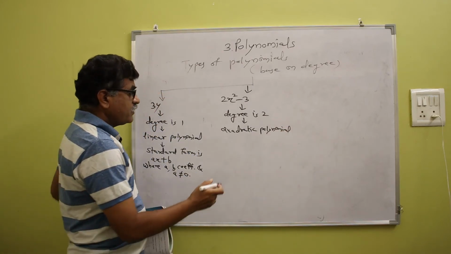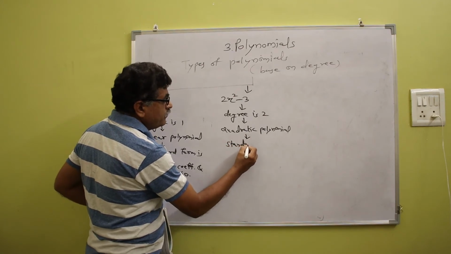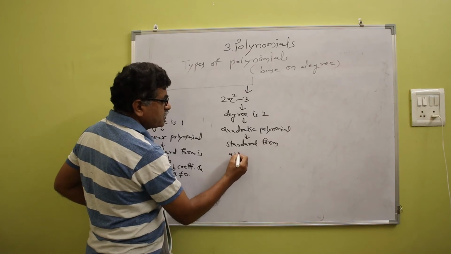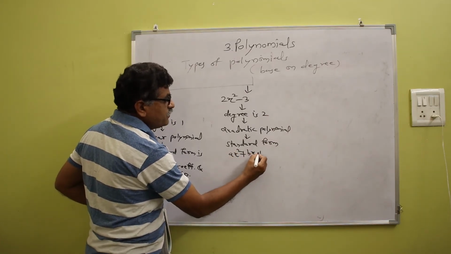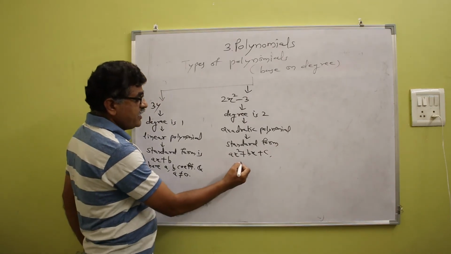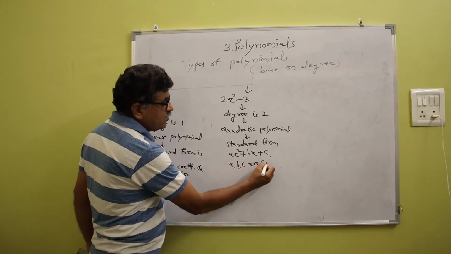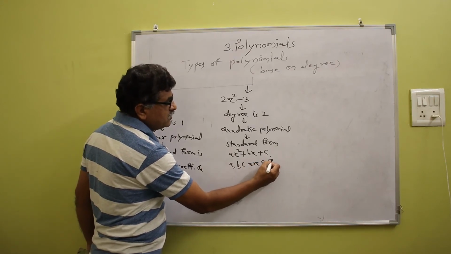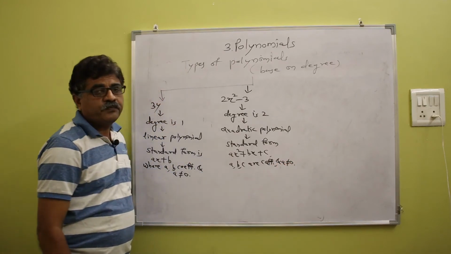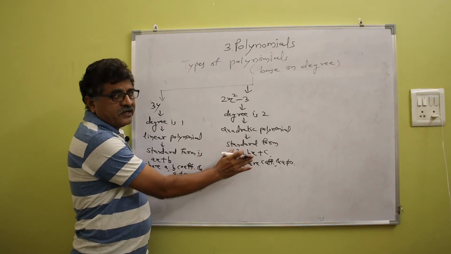And quadratic polynomial, its standard form is ax square plus bx plus c, where a, b, c are coefficients and a is not equal to 0. That is, if a is 0, then this becomes a linear polynomial.